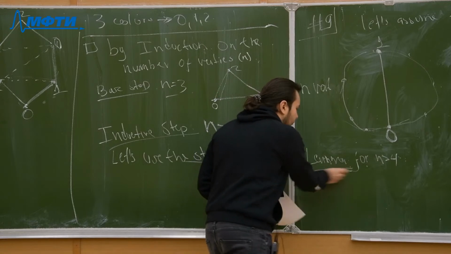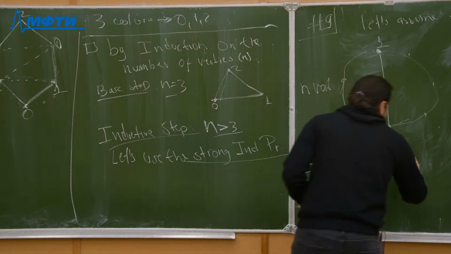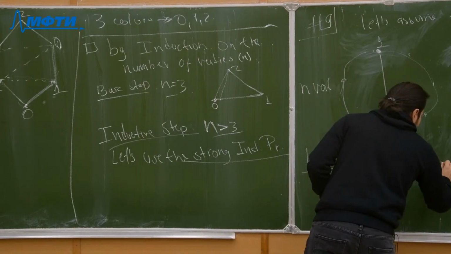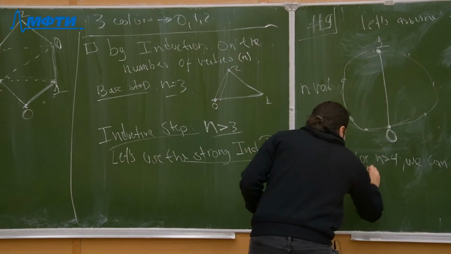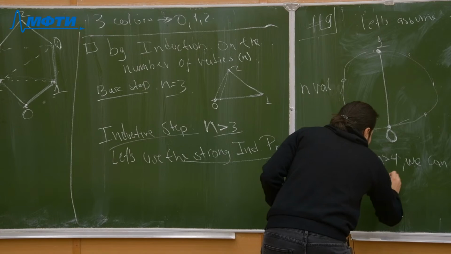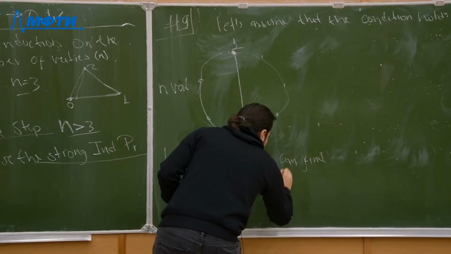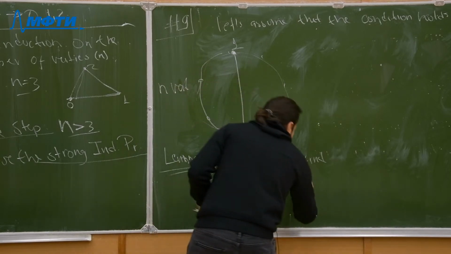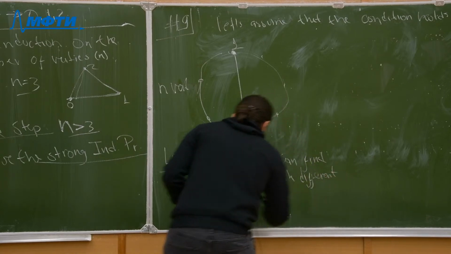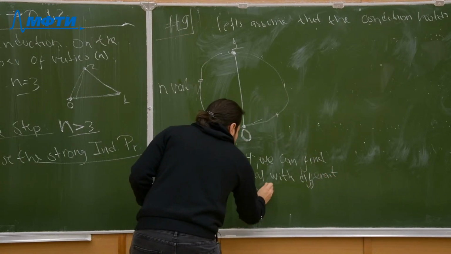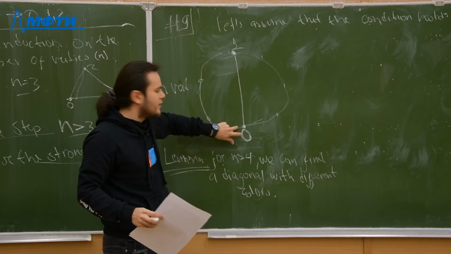For n greater than 4 we can find a diagonal with different colors, so that the vertices of this diagonal have different colors.